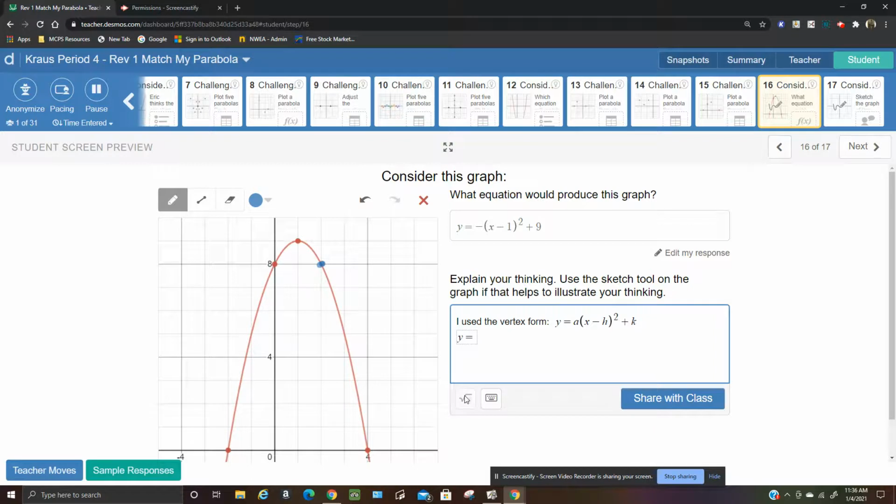So I'll have to write that my H value is 1, and my K value is 9. My vertex is 1, 9. I'm going to write that down here.